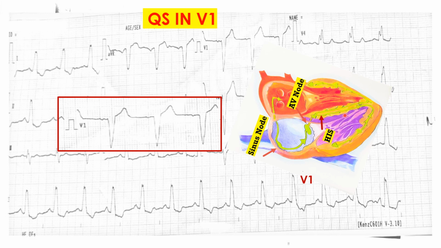In the lead V1, placed over here, the conduction is going away from the lead, and that's why it will produce a QS complex. This is a rule: anything going away from the lead will produce a negative complex, and here the conduction is moving away, so it will produce a QS pattern.